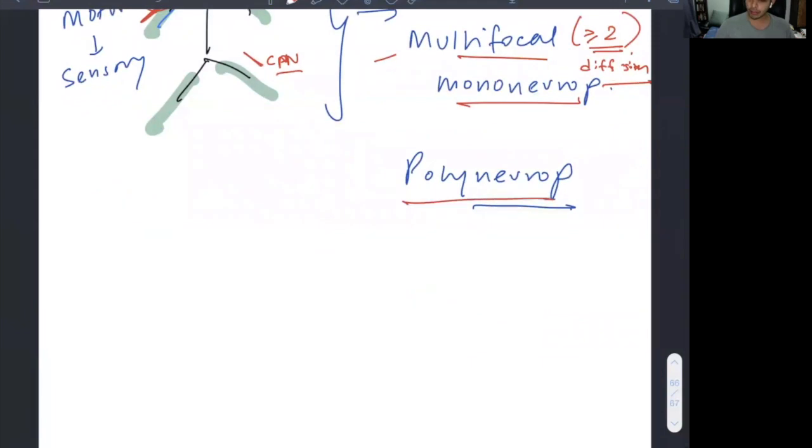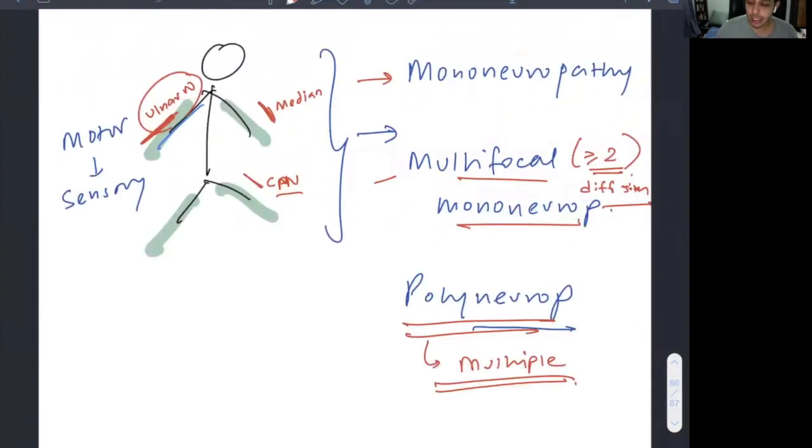And a polyneuropathy means multiple nerves. So in the same limb, you can have ulnar, median, and radial gone, or any combination of involvement is a polyneuropathy.